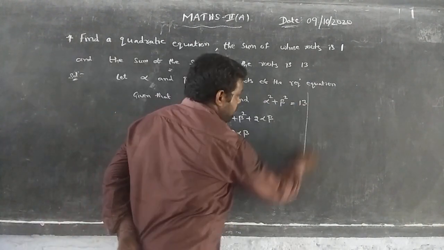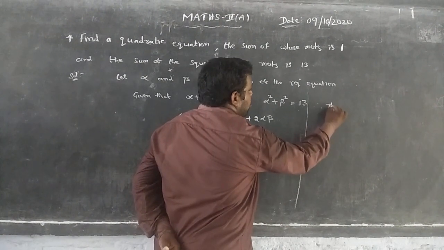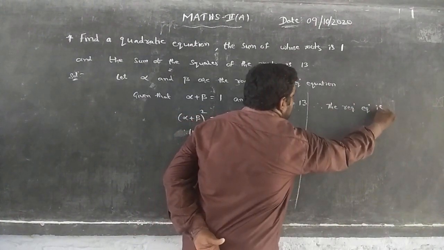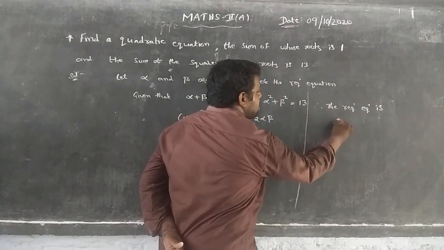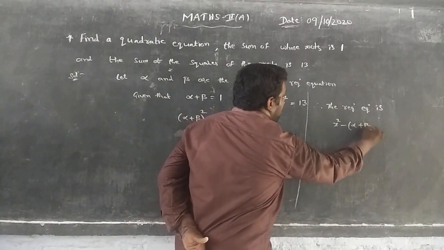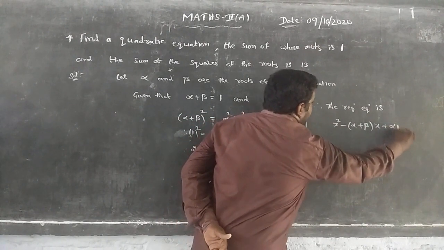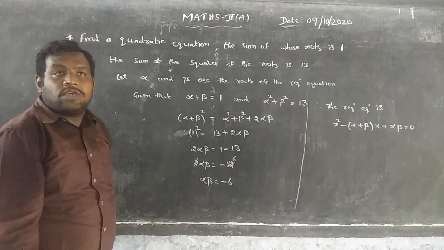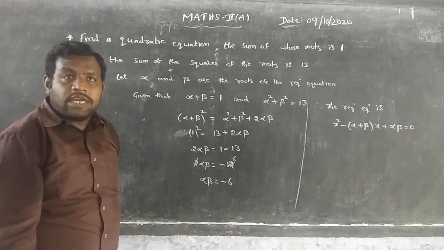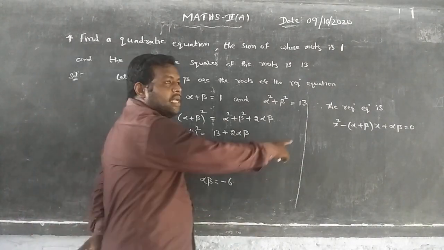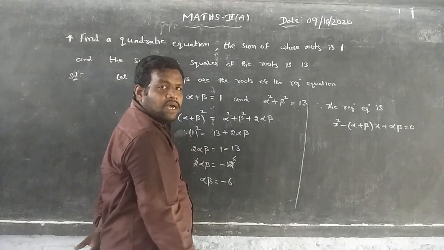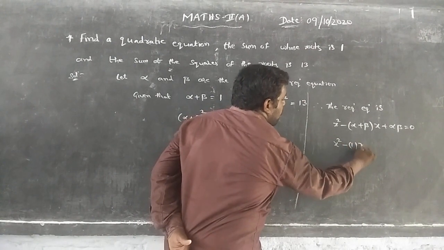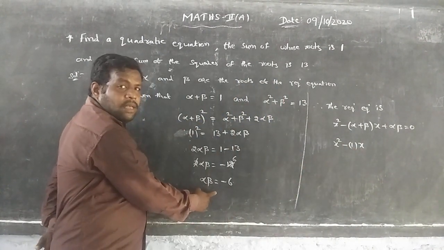Therefore the required equation is x square minus (alpha plus beta) x plus alpha beta equal to 0. If alpha and beta are the roots of a quadratic equation, that is the form of the equation. We know alpha plus beta is 1 and alpha into beta is minus 6.